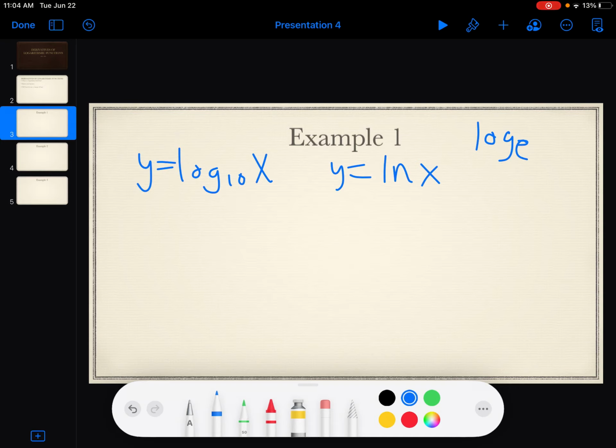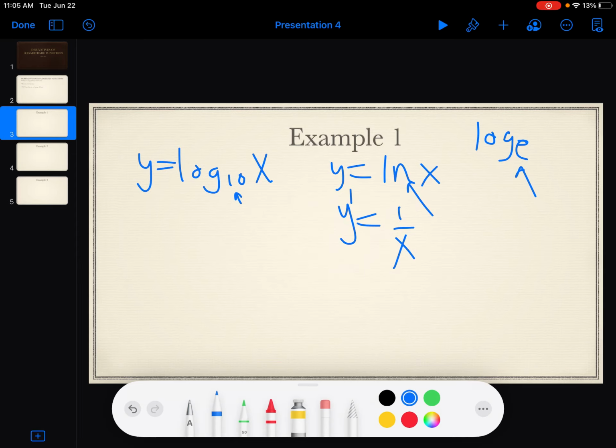How is that going to help us? We're going to change the base from 10 to e, giving us ln, because we know the derivative of ln x, and that is just y prime equals 1 over x.